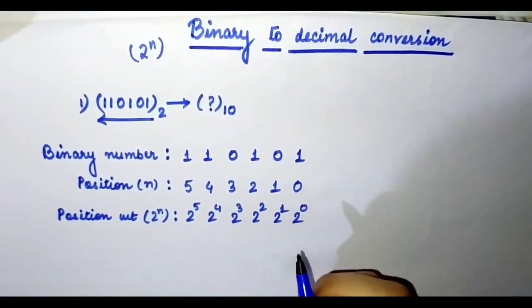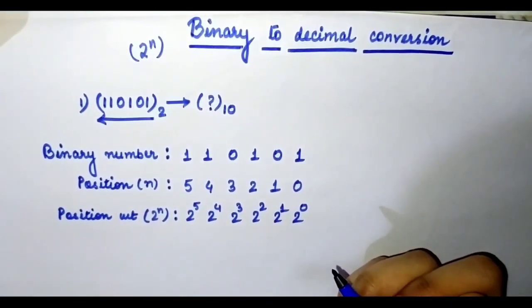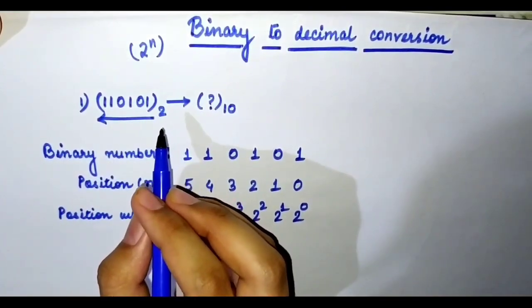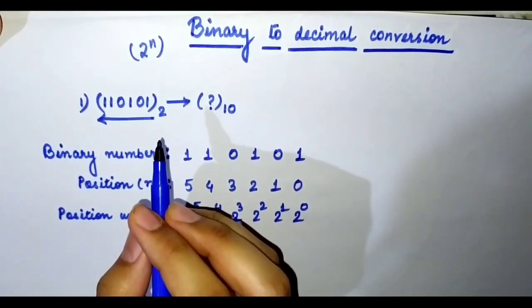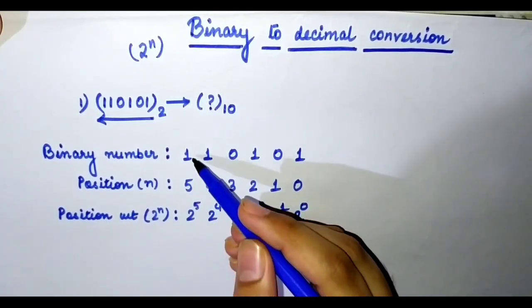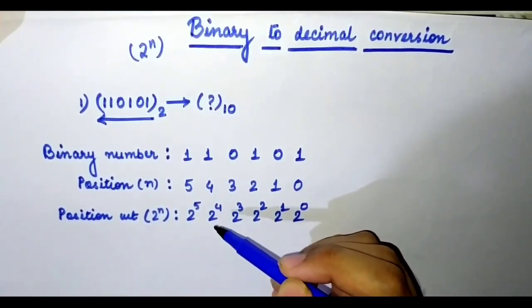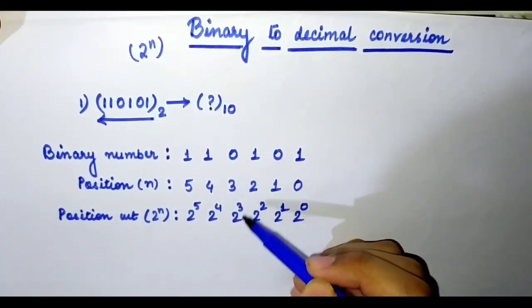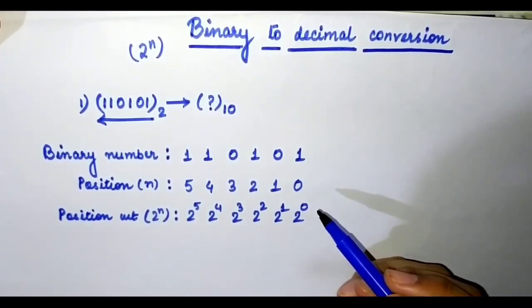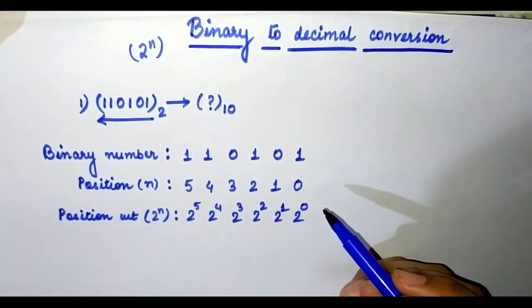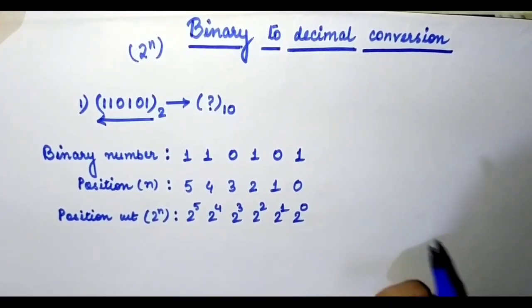Right? Now, for converting this binary number to decimal number, we simply need to multiply this bit with this position weight, this bit with this position weight, this bit with this position weight and so on, and we need to add all of them up. Right? So let's do it.